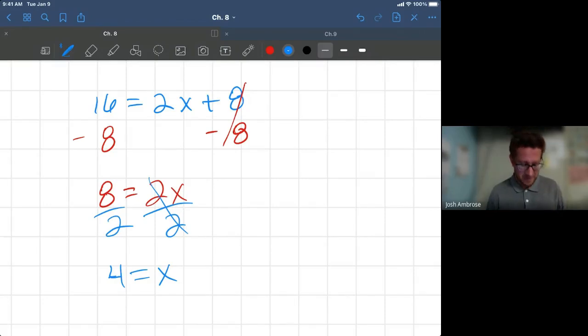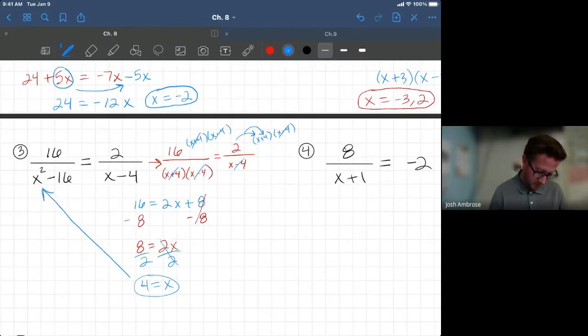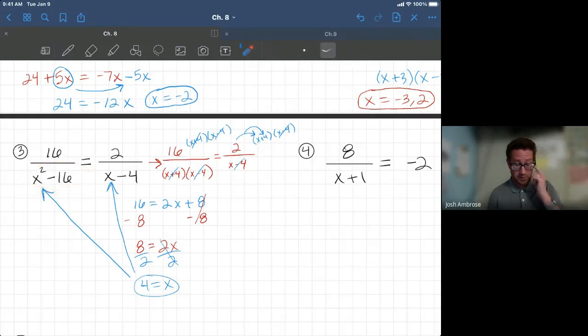Here's why. Because if we just say, great, x equals 4, and we move on, what you're going to miss is the fact that if you take 4 and plug it in right here and plug it in right here, something bad happens. 4 times 4, I'm focusing on this one right here. 4 times 4 is 16. 16 minus 16 is 0.